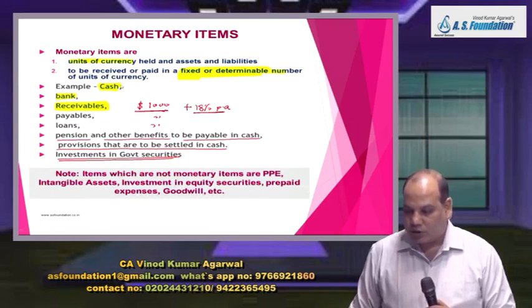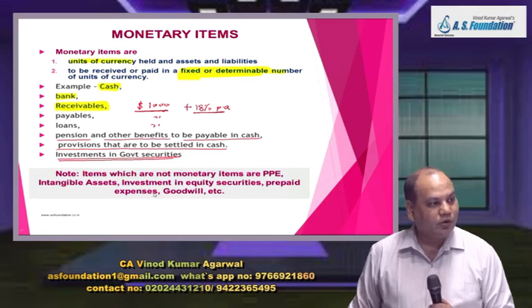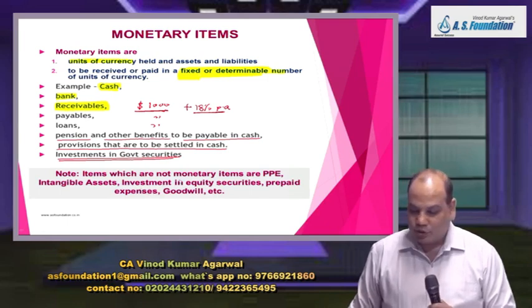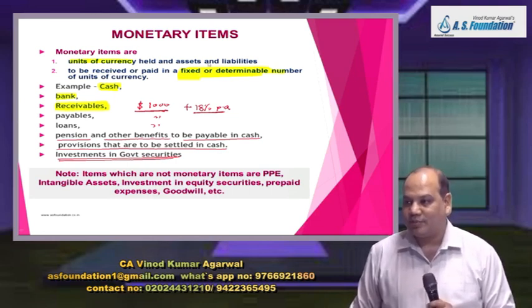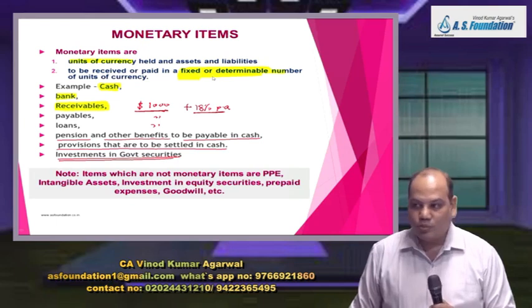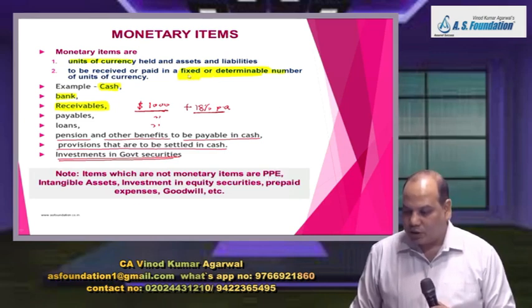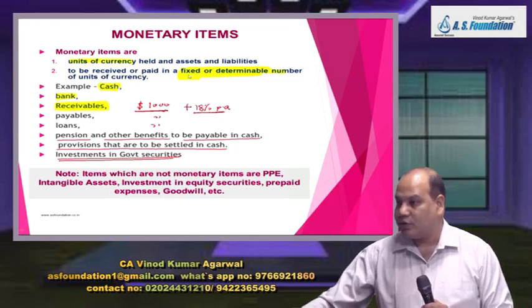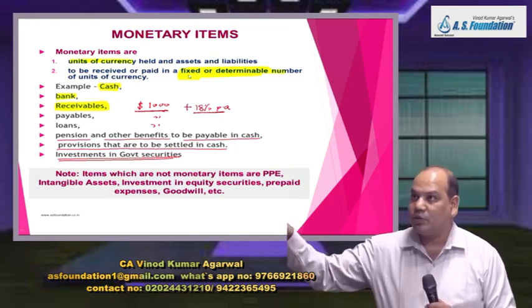To understand monetary items, we should also understand what a non-monetary item is. Non-monetary items are those asset and liability items which are not monetary items. Example, property, plant and equipment. Just check whether in property, plant and equipment the amount to be received or paid is fixed or determinable.